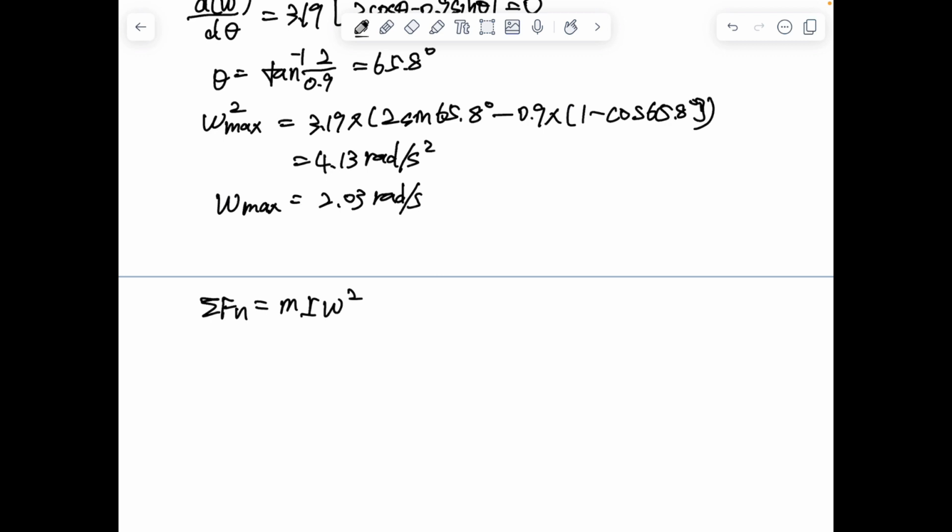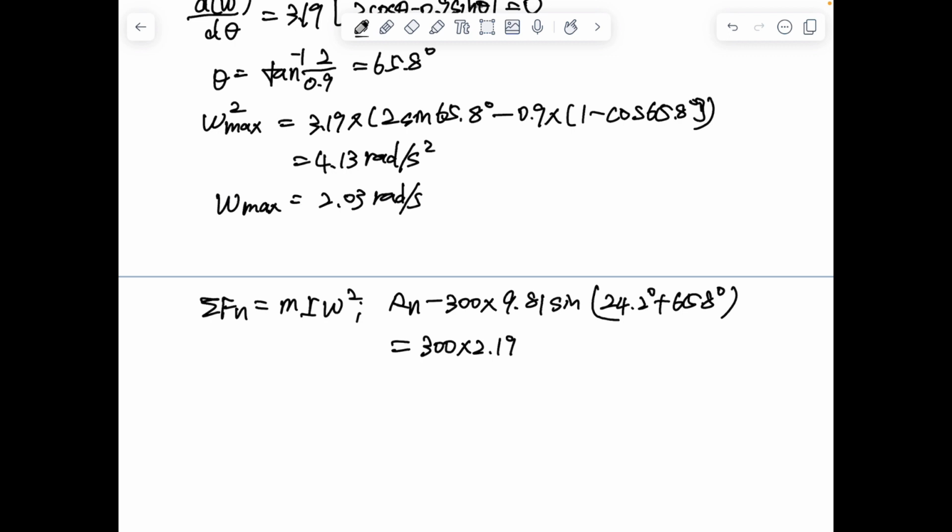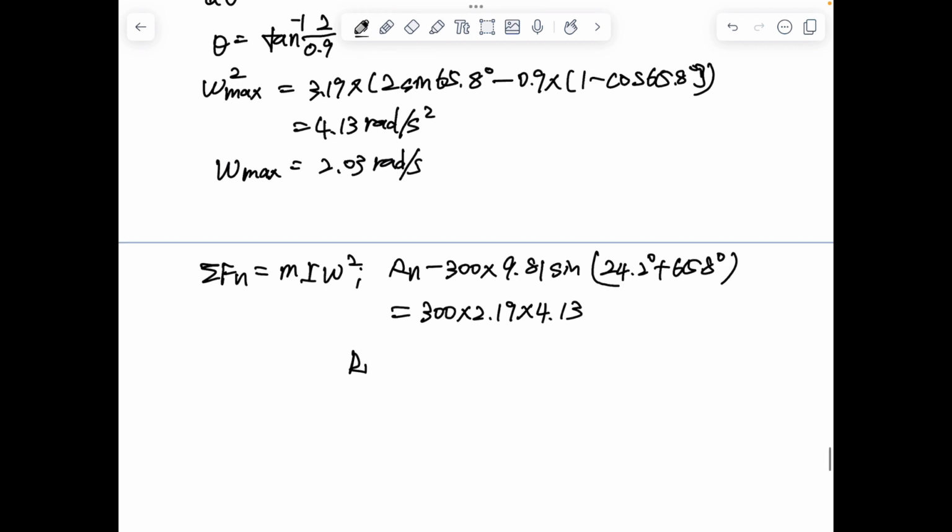Then we have Rn minus 300 times 9.81 sine of 24.2 plus 65.8 degrees is equal to 300 times 2.19 times 4.13. Then Rn is equal to 5660 Newton.